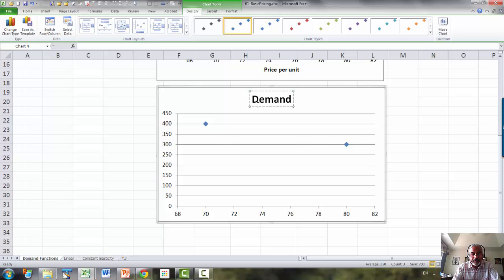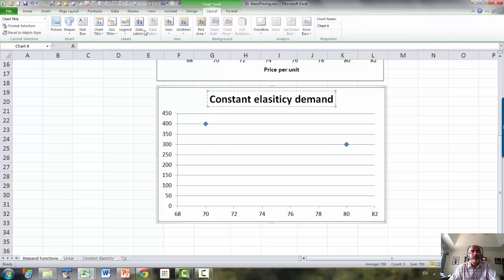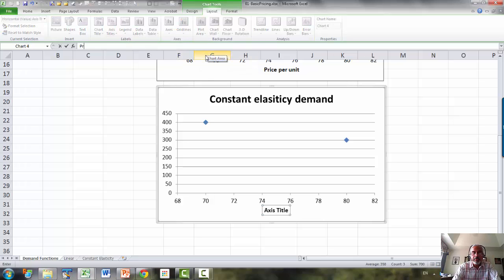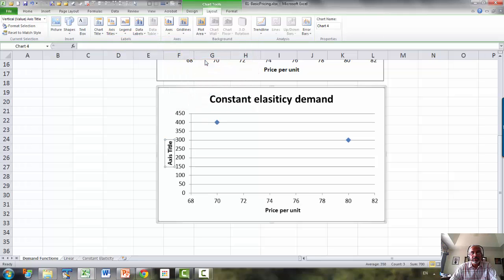Now let's change the titles. This is constant elasticity demand, the horizontal axis is price per unit, and the vertical axis is demand.